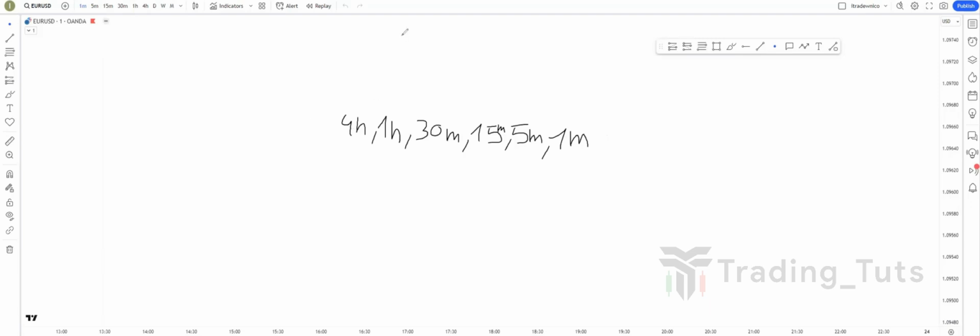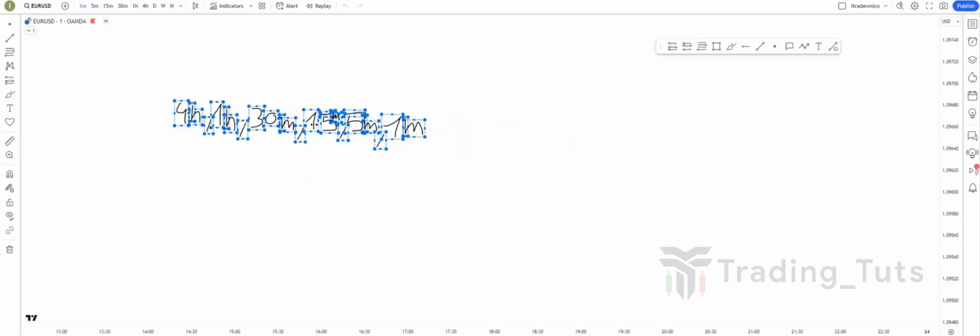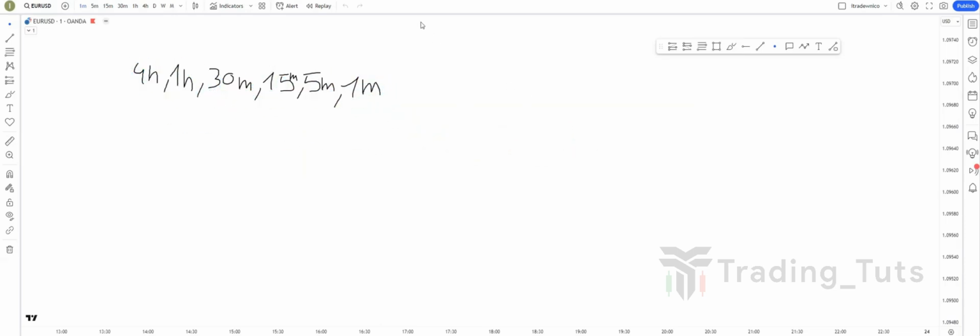So let's say we have a range. Let me just move this for you real quick. And we have a range. In this case, let's say Asia closed with a strong low, for example. So we try to put all the pieces together right now.